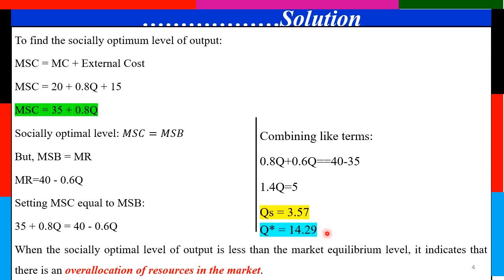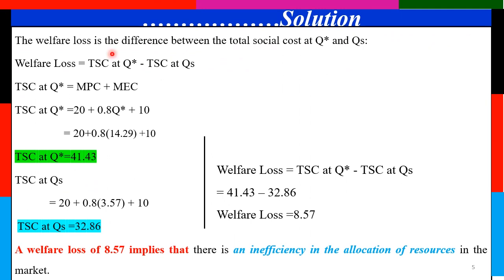But now there is what? The market failure due to the over what? Production. Okay, let's continue. The welfare loss is the difference between the total social cost at market output or at profit maximizing level of output and at socially optimum level of output.